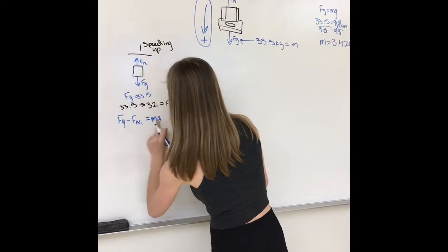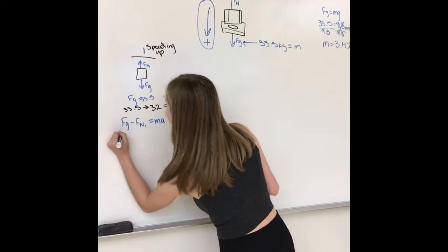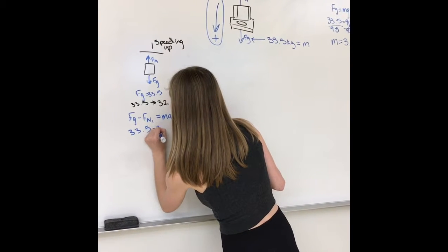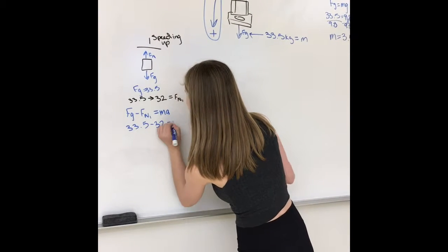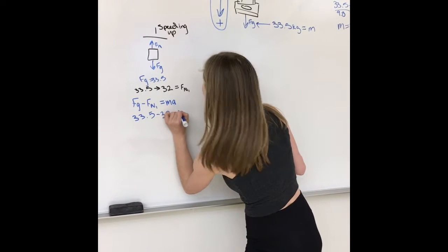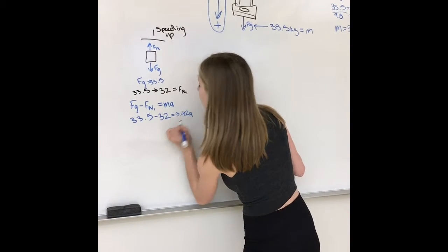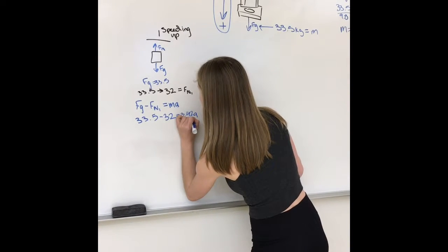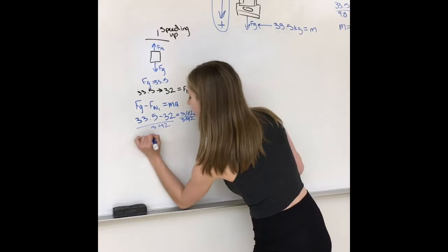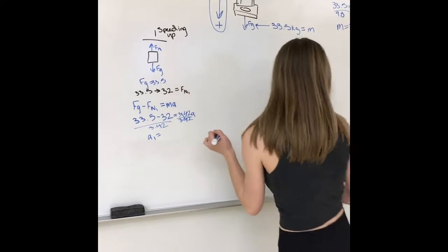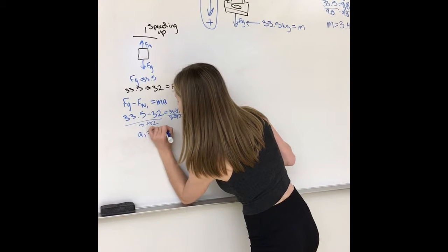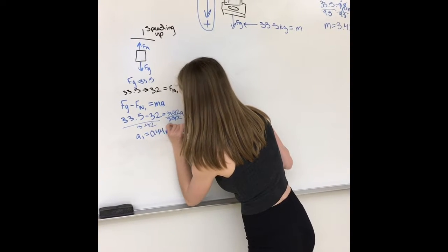So let's put that in there. 33.5 minus 32 equals mass times acceleration, and mass is 3.42 times acceleration. So you just divide this by 3.42, and your acceleration 1 comes out to be 0.44 meters per second squared.